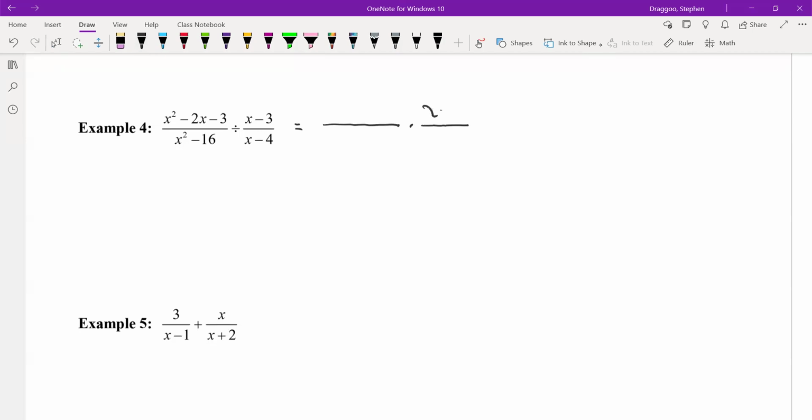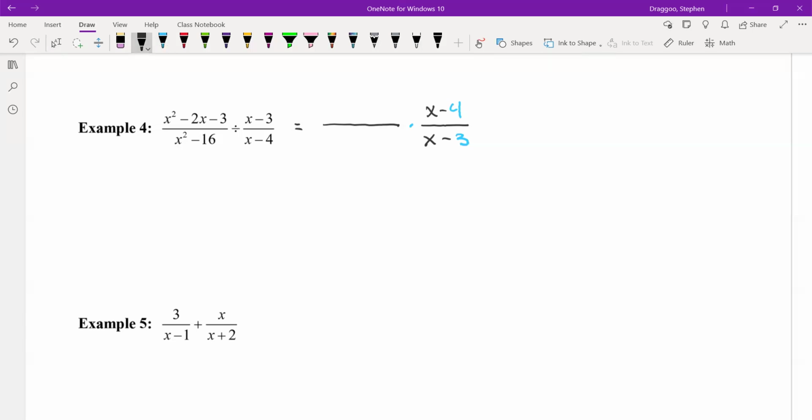It'll be x minus 4 over x minus 3. So if I highlight all those pieces that changed right there, notice that when I'm dividing by a fraction, it's the same as multiplying by its reciprocal. So I just want to change that to multiplication by the flipped fraction.